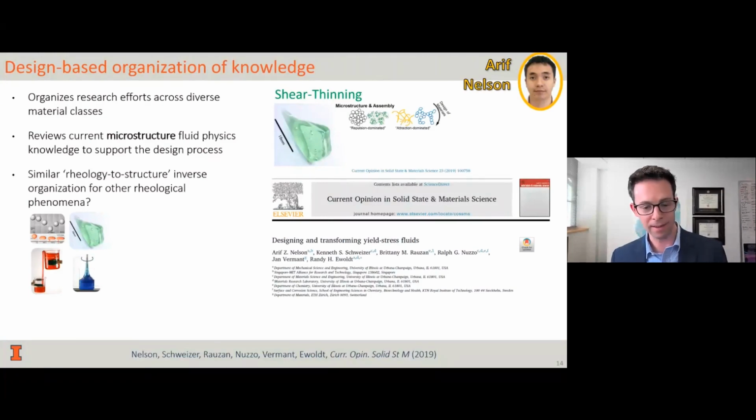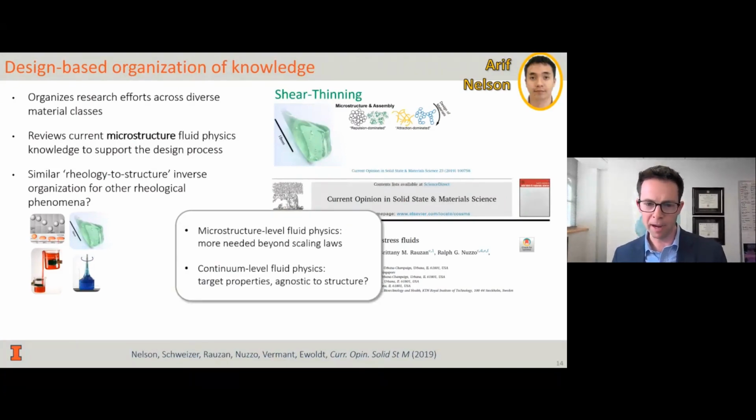Or a nice area that's gotten a lot of activity recently is high volume fraction athermal particulate systems, things that show shear thickening. And of course, we're first trying to understand where that arises from in the first place. But if there are multiple mechanisms, this makes it a very interesting design problem if we wanted to create or negate shear thickening as well.